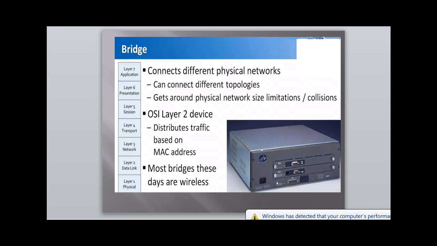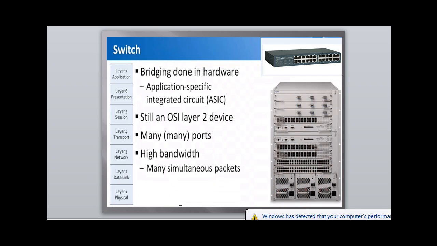Now, why was the switch introduced when there was an intelligent device called the bridge? The switch was introduced because the bridge had fewer ports compared to the switch. They were not happy with the ports.